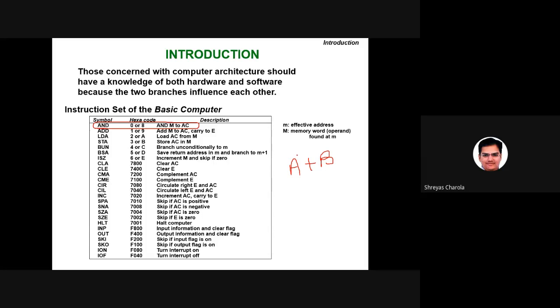You know about this one method. Break the bar, change the sign. What you can do is implement it like this: A bar dot B bar whole bar. This is nothing but an OR gate. Very good, Vaibhav. Clear all of you?